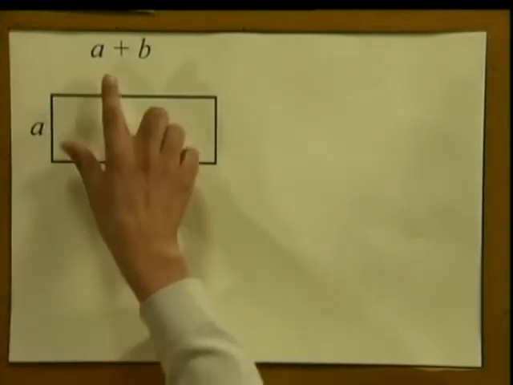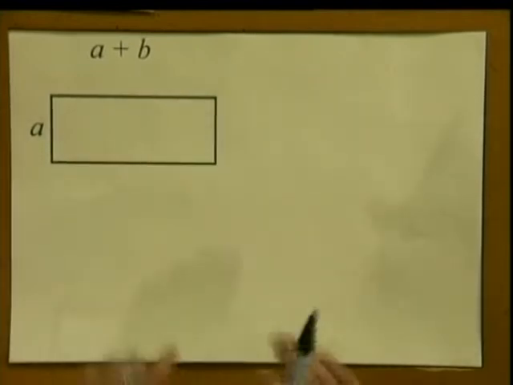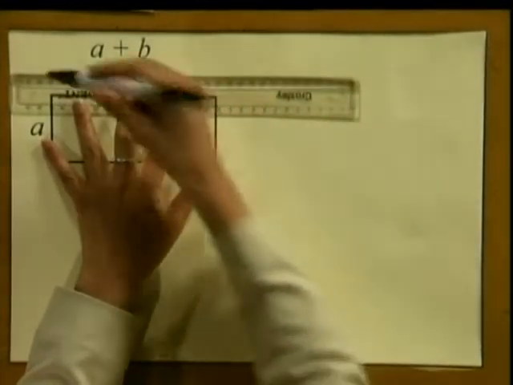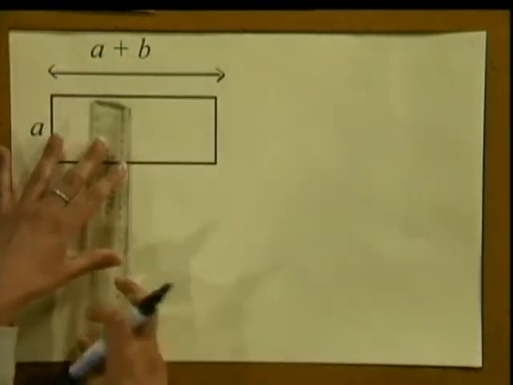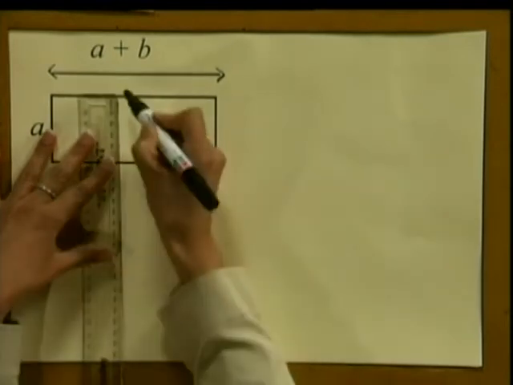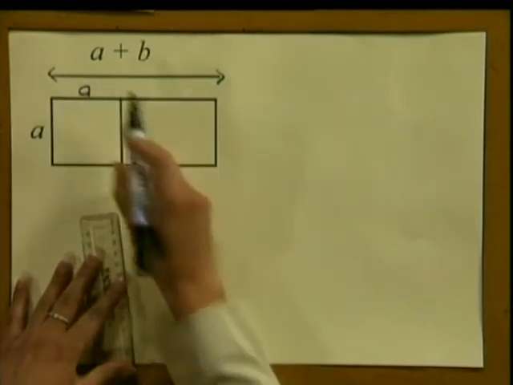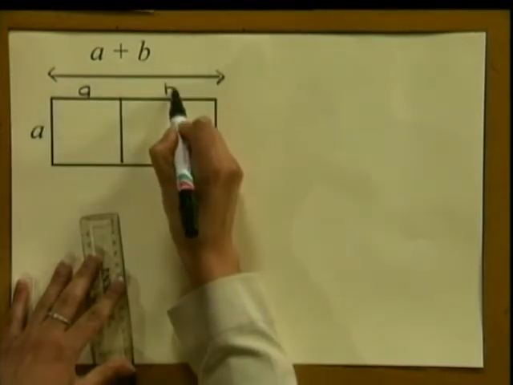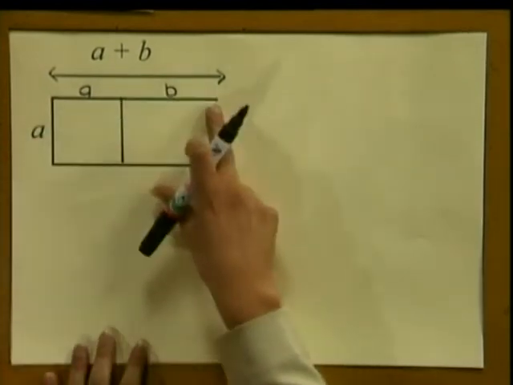We'll use a rectangle with sides A and A plus B, and we are going to be working out the area. Now remember, this whole side is A plus B. And just to make our lives easier, we split it up into 2 portions. This is going to be our portion A over here, and this is going to be our portion B. In other words, this is A units and this is B units.